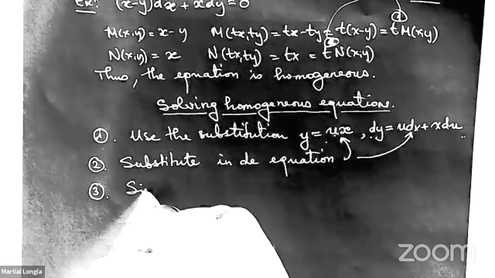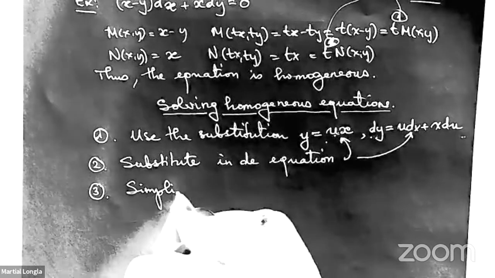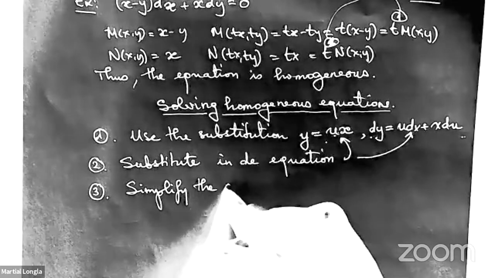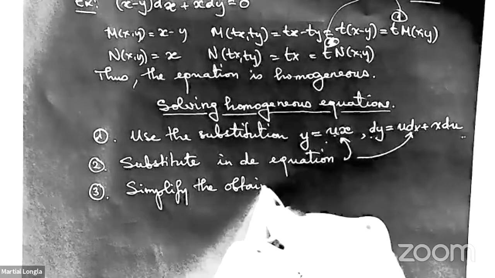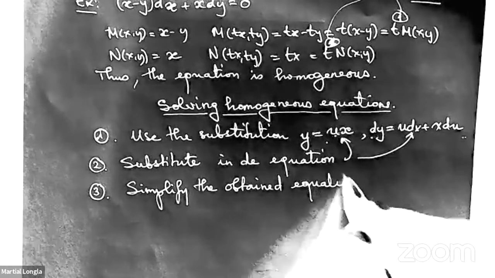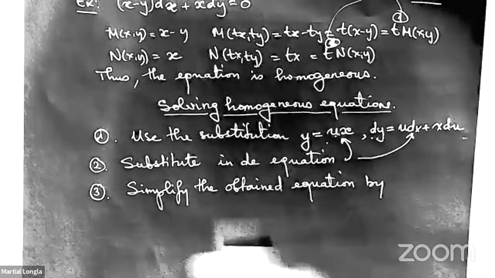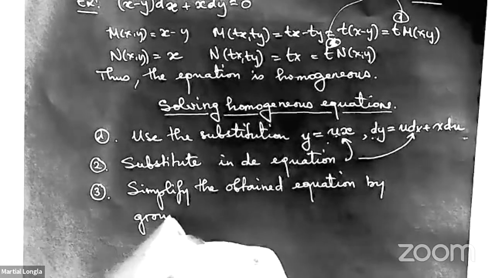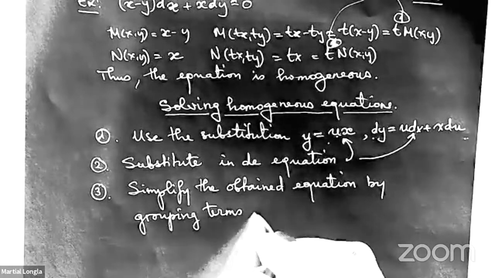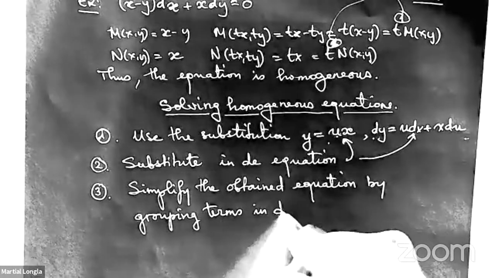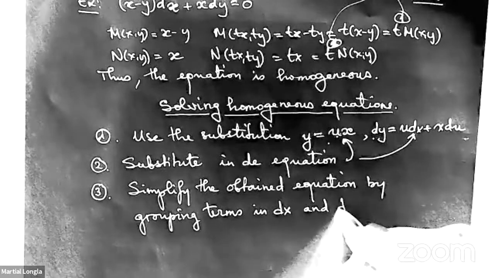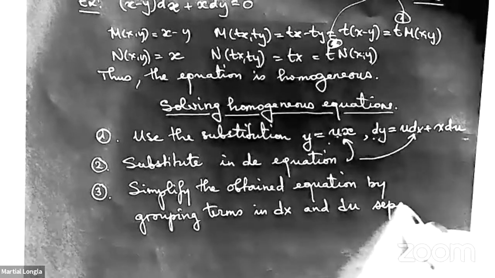And then simplify the obtained equation by grouping terms in dx and du separately.